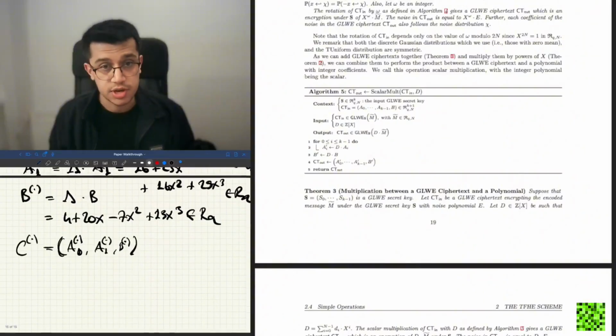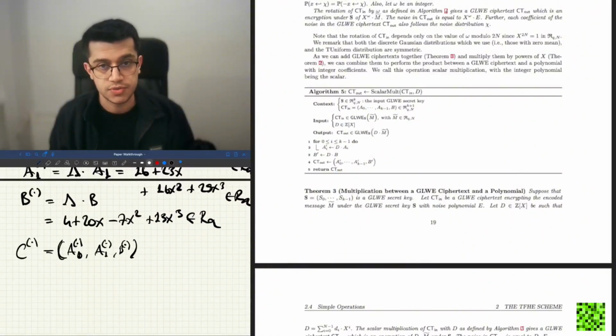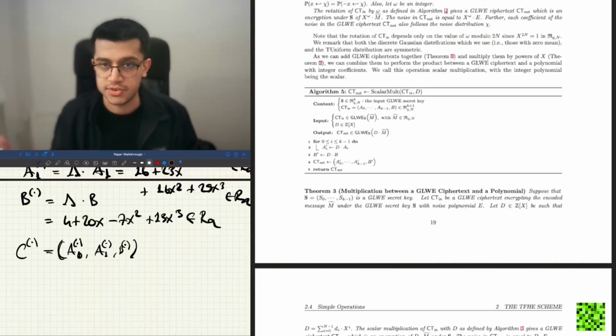Now let's decrypt to verify that this result is correct.